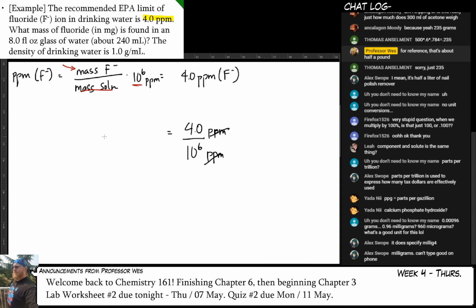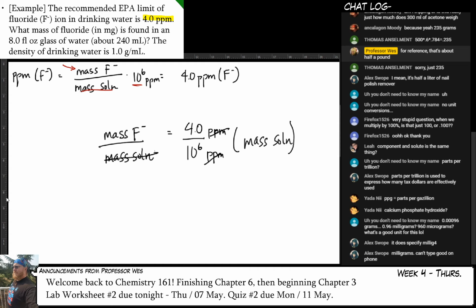And so now I have mass of fluoride over mass of solution. So if I multiply both sides by the mass of the solution, that will give me the mass of fluoride in some unit. And that some unit is going to be whatever the units are of the mass of the solution.